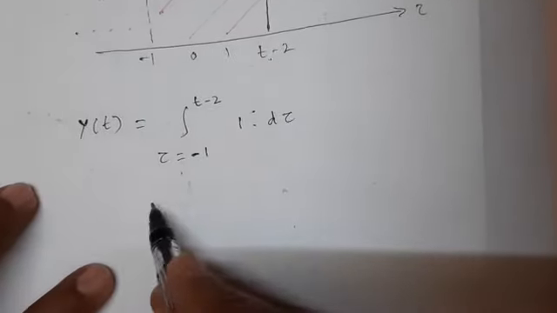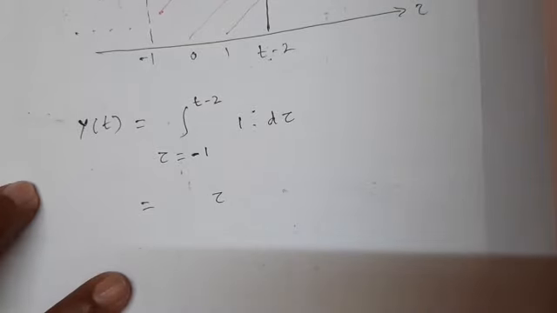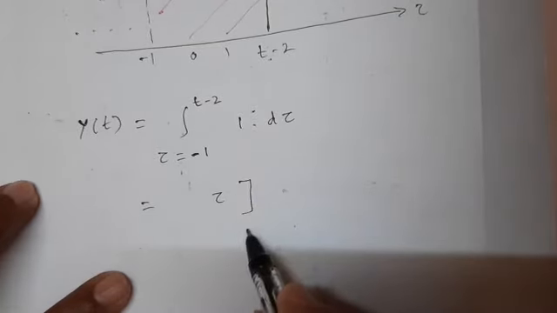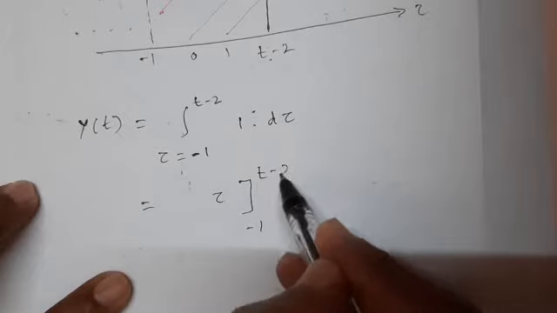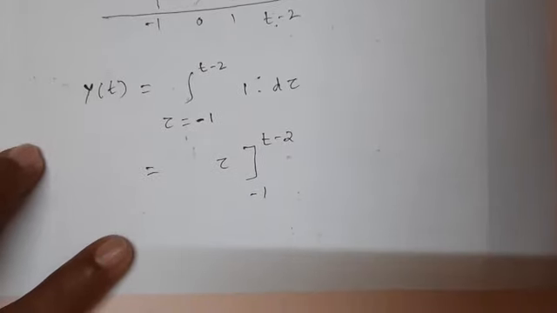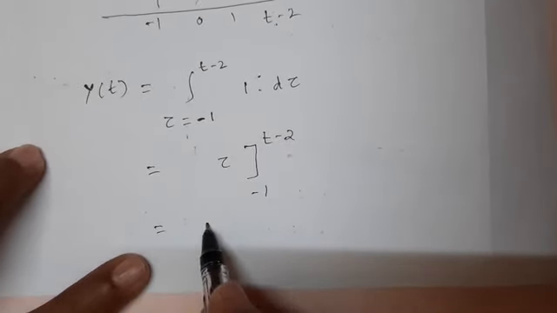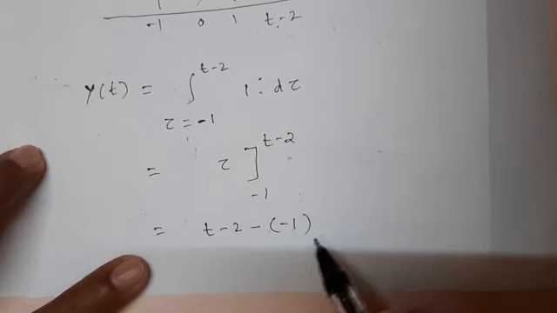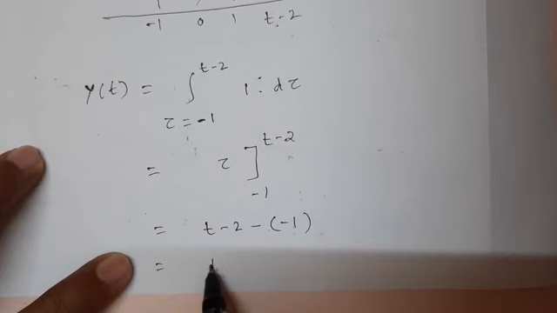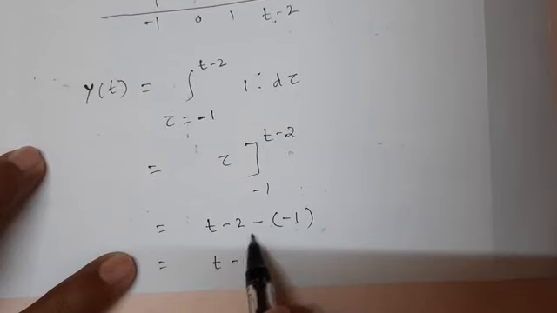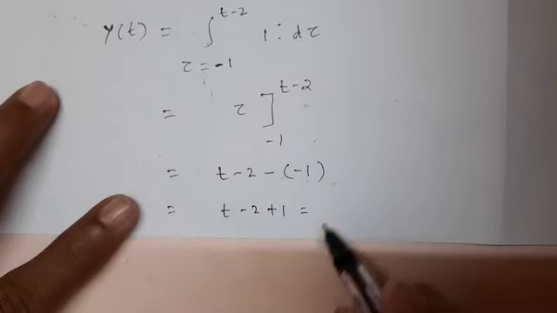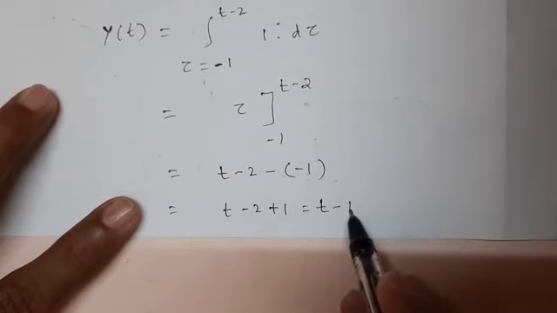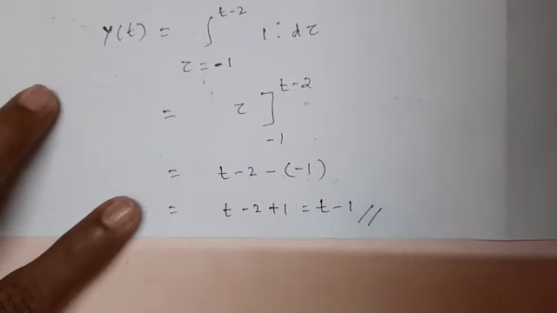The integration of d tau is tau, with limits minus 1 to t minus 2. Upper limit minus lower limit, which is t minus 2 plus 1, which is equal to t minus 1. This is your answer.